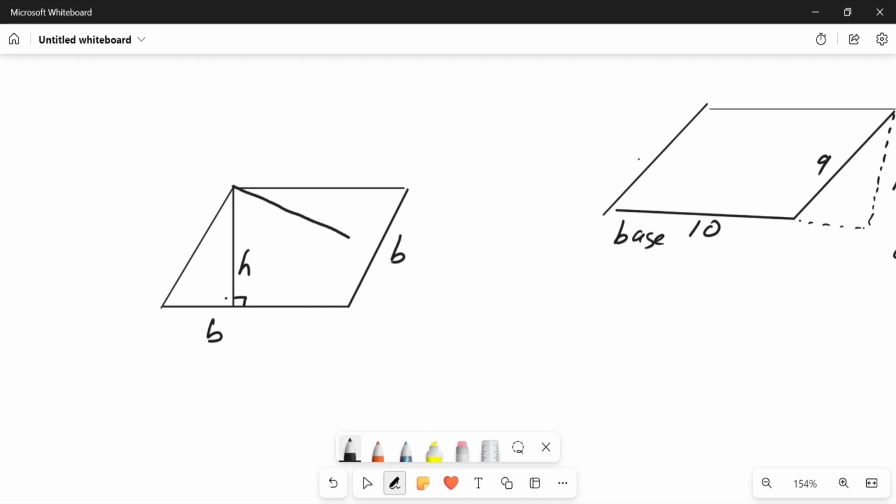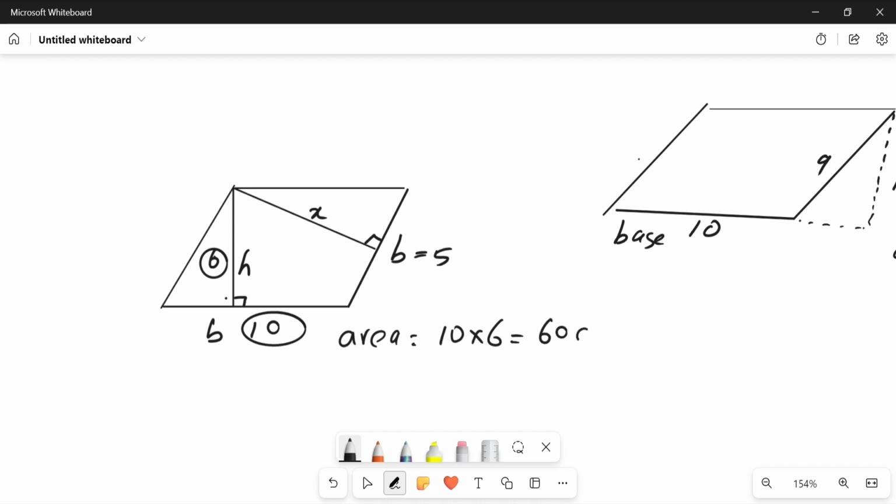If you take this as a base, this would be the height. So here this is 10, this is 6, and this is 5, this is x. First find the area using this base and this height. So area is 10 into 6, 60 centimeters squared.